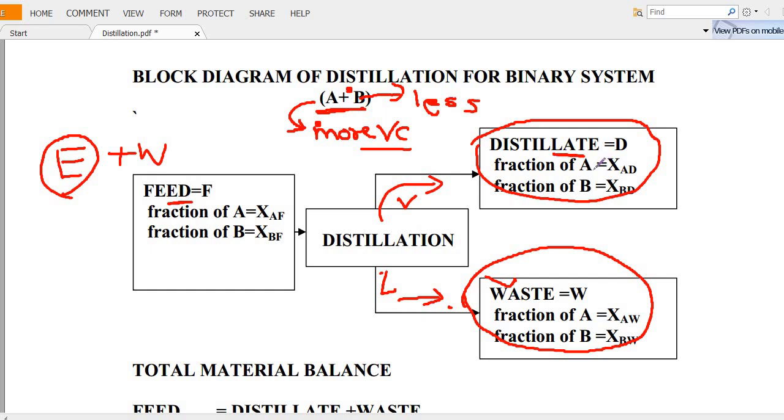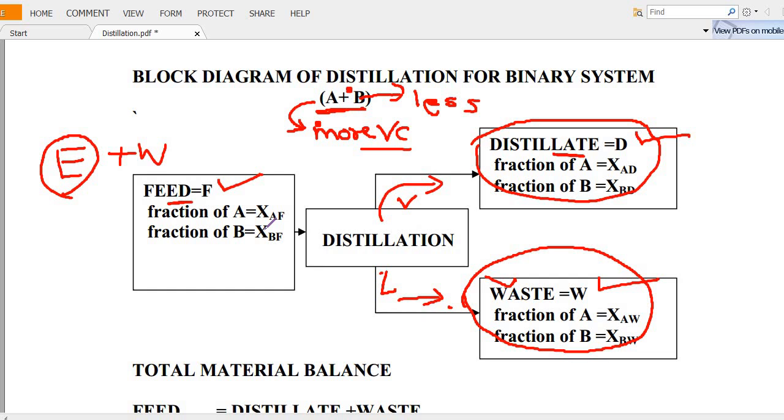In short, in distillation we have only one input, and this input is nothing but feed, while there are two outlets, one is distillate, second is waste. So in distillation we have one input stream and two output streams.